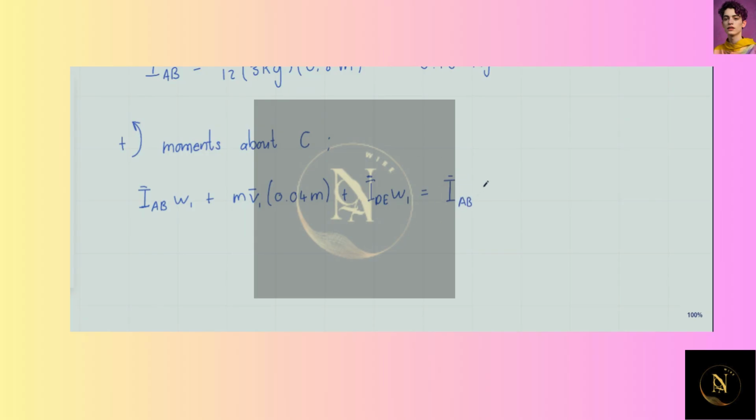That's I bar AB times omega 2 plus m v bar 2 times 0.28 meters, plus the moment of inertia of the cylinder I DE times omega 2.